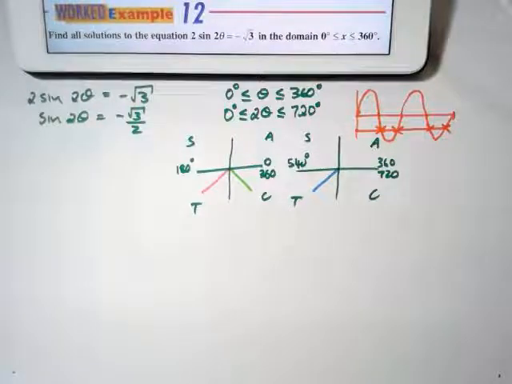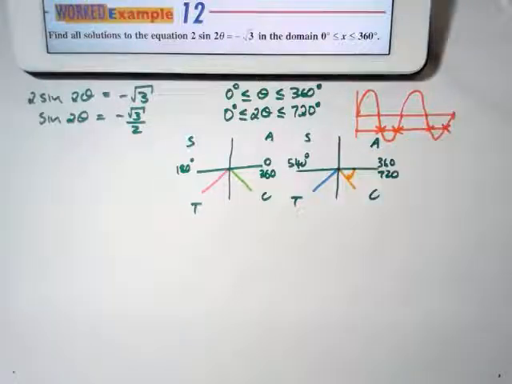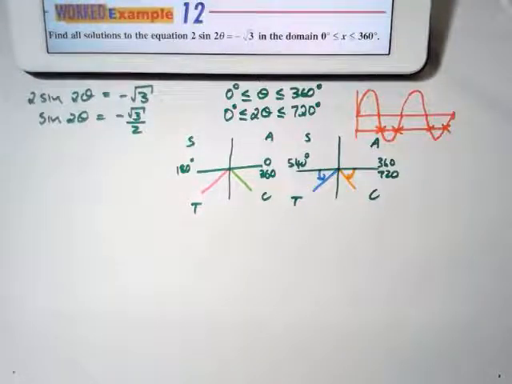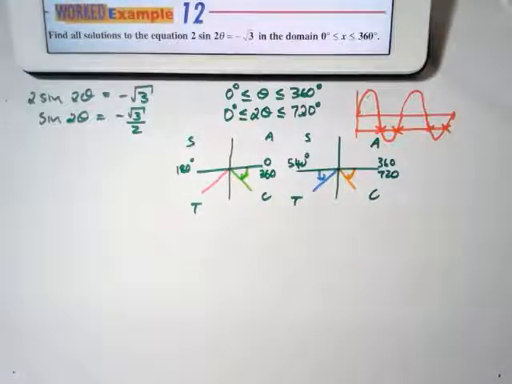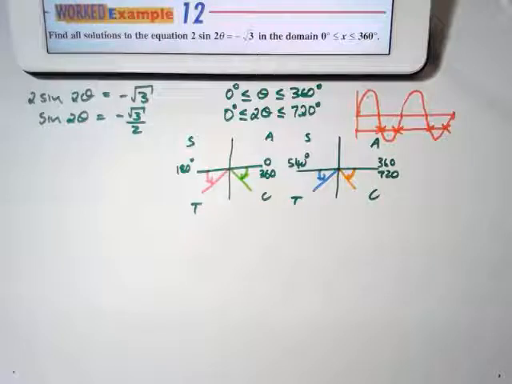And sine is negative there. So I've got 4 different answers. To get to these, I have to go from there to there. That is my reference angle. My reference angle is from 180 to there, or from 540 to there. Those reference angles are all the same size.